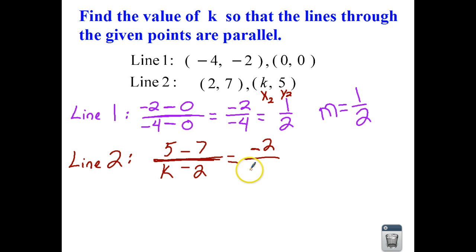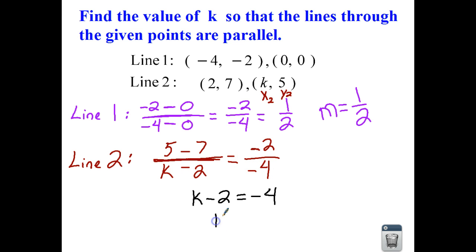Let me just plug in my -4. You could probably think about it in your head right now. What minus 2 equals -4? If not, let's set up an equation. k minus 2 is equal to -4. That's my denominator. It just runs right across here. k minus 2 equals -4.